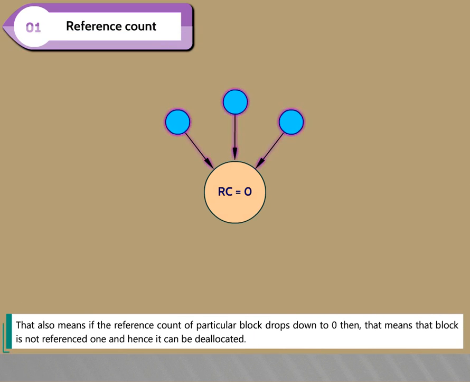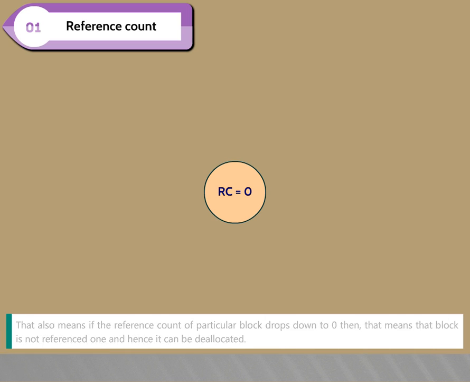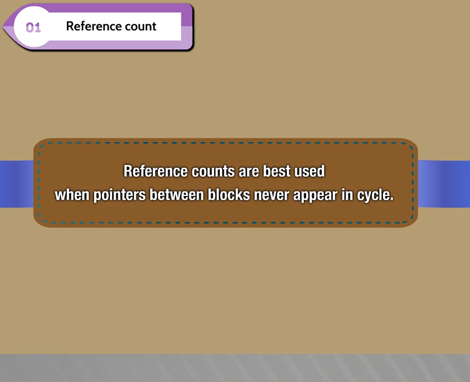That also means if the reference count of a particular block drops down to 0, then that block is not referenced and hence it can be deallocated. Reference counts are best used when the pointers between blocks never appear in a cycle.